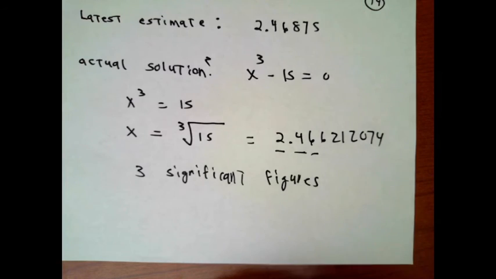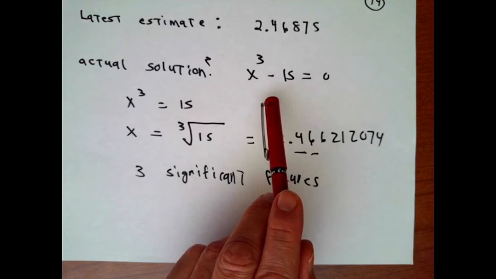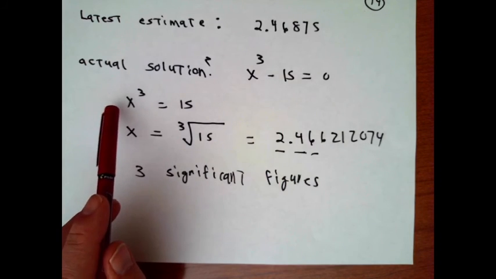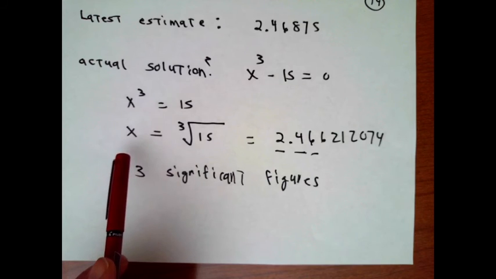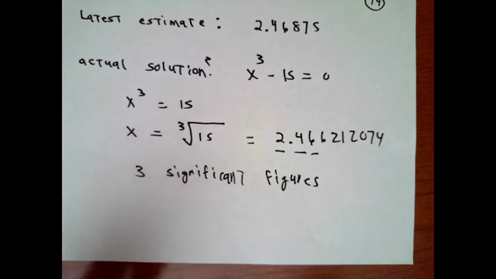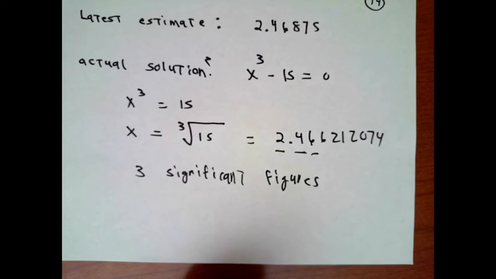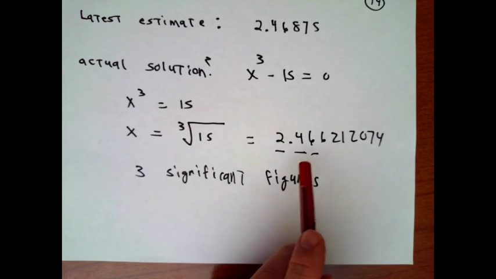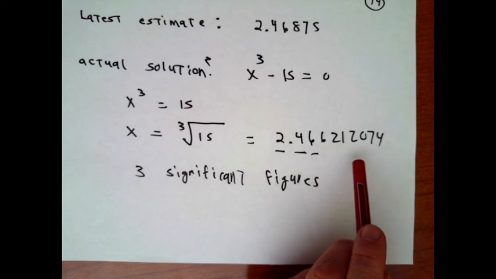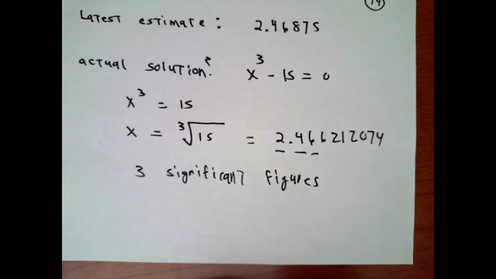The latest estimate of our solution is 2.46875. I want to compare that against the true solution of the equation, which actually is easy enough to figure out. x cubed minus 15 is 0. x cubed is 15. x is the cube root of 15, 15 raised to the 1/3 power, which according to my calculator is 2.466212074.